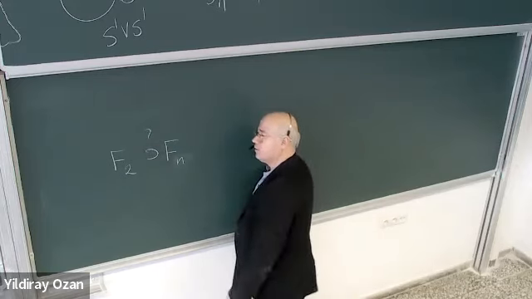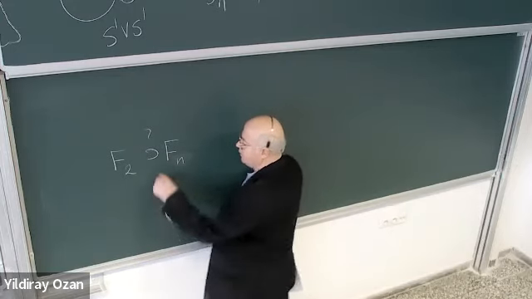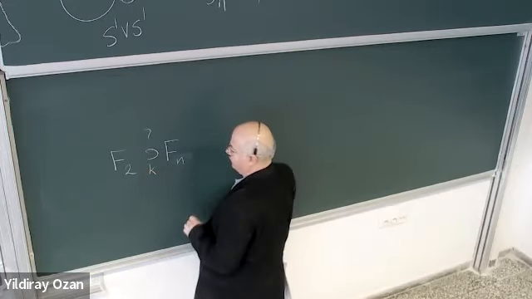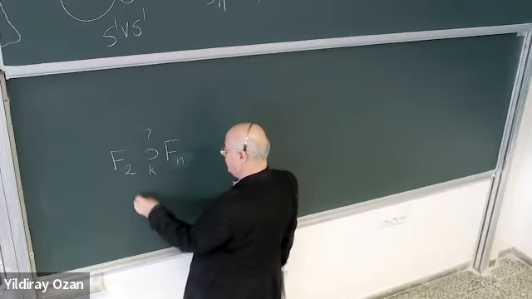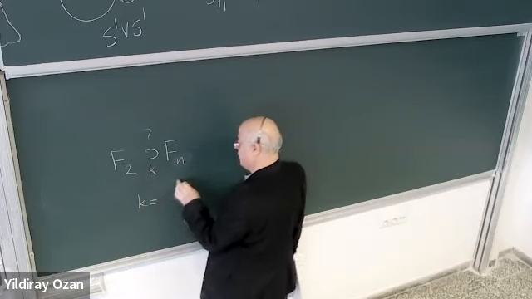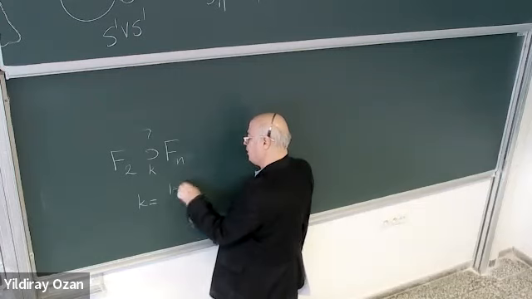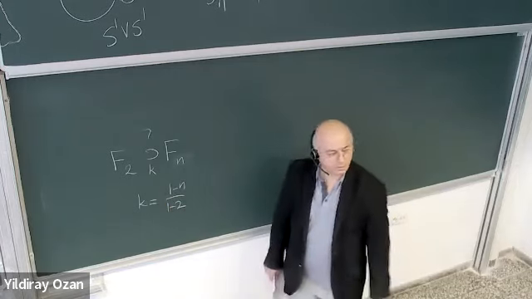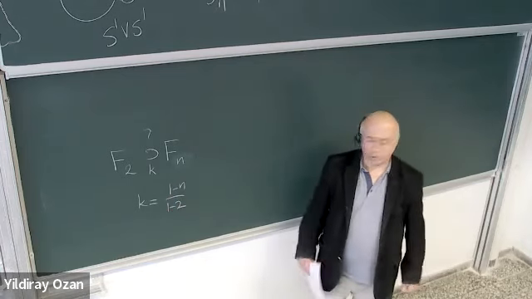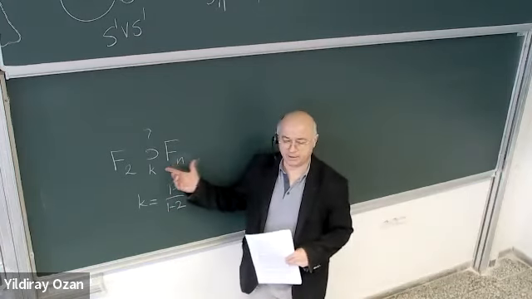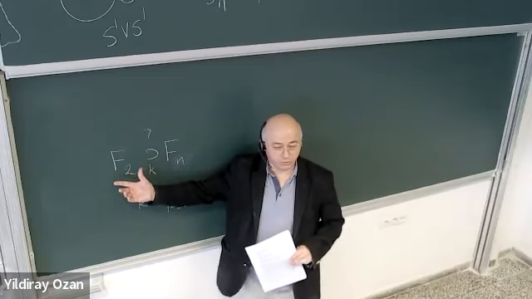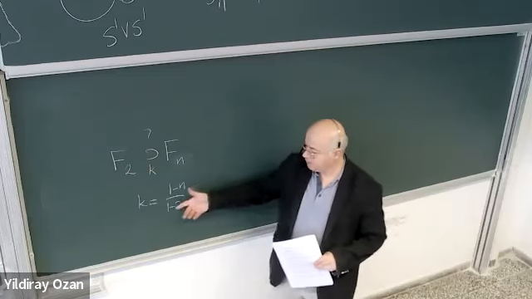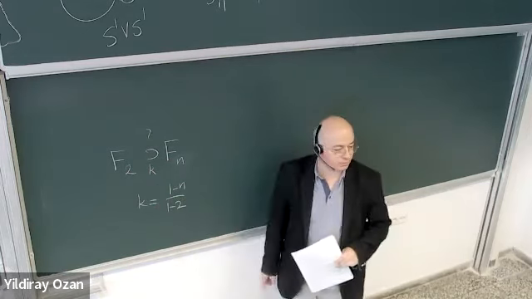If Fn is a subgroup of F2 of index k, then k is n minus 1.